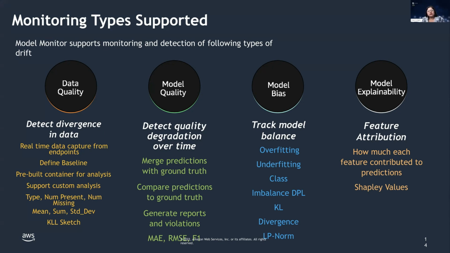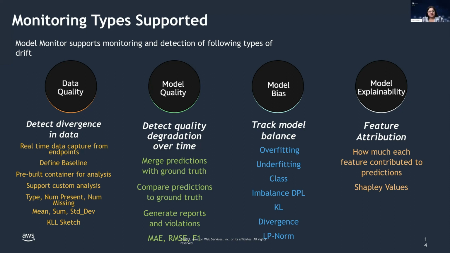The other one is the model quality, where your model is predicting something, and how does that prediction compare with the actual reality? And that's where we are looking at the model quality. And of course, the RMSE or the F1 score, etc., are the metrics used for the accuracy in prediction.